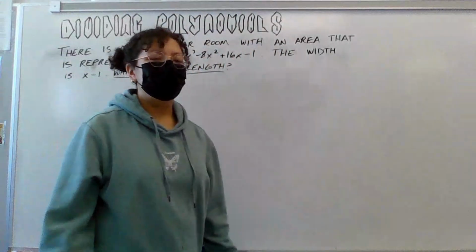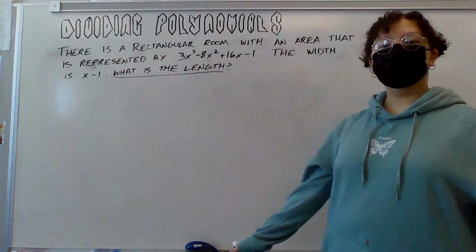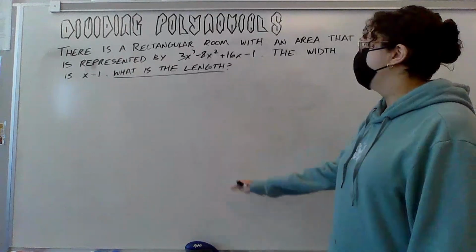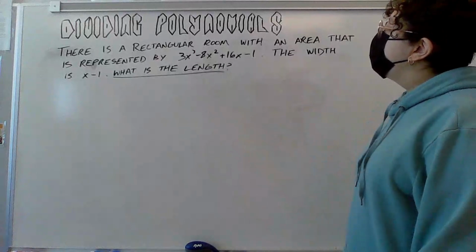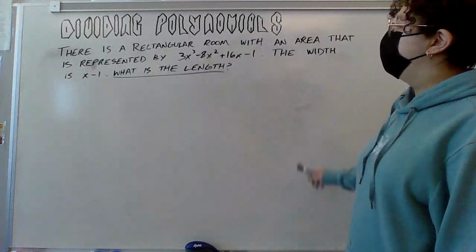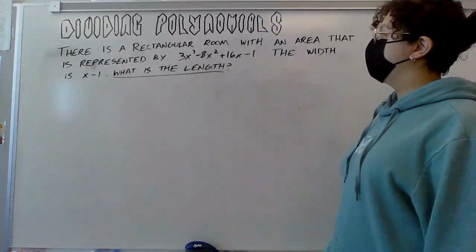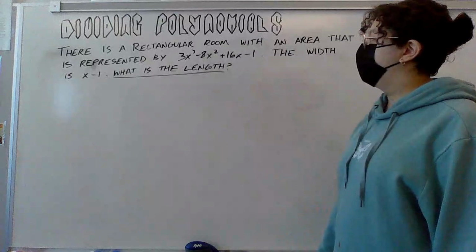You may be wondering, how can we use what we learned in a real world situation? You could have a problem like this, which says there is a rectangular room with an area represented by 3x cubed minus 8x squared plus 16x minus 1. The width is x minus 1.